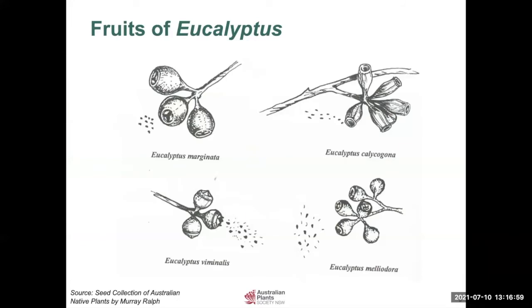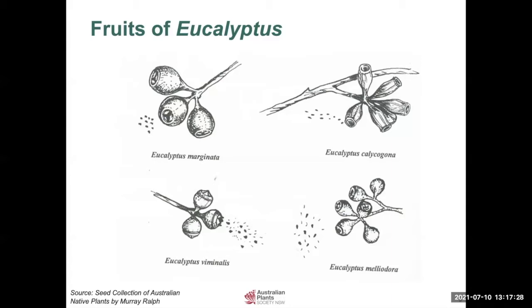Just some other examples of what the fruits of eucalyptus look like: marginata, luehmanniana, and also the little individual seeds drawn to scale to give you an idea of just how tiny they are. The other thing I might point out with this diagram is if you look at marginata at the top, the little valves are inside the capsule.